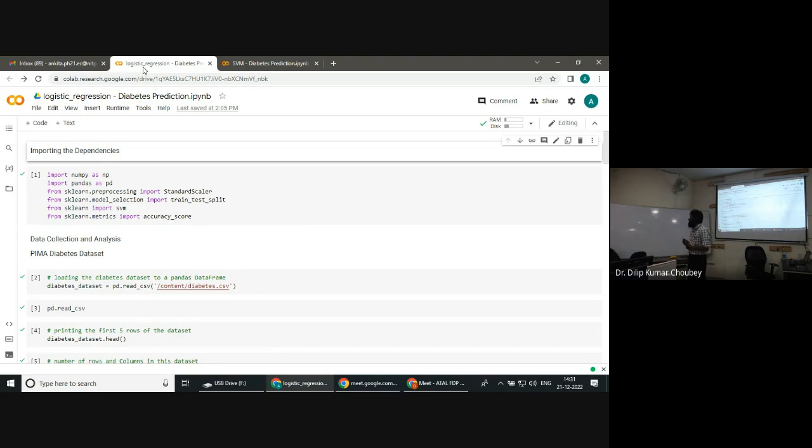Like supposedly, I have a data which is size of the house against the price. Supposedly, I have been given these many sizes, and for each size, I have been given a price.